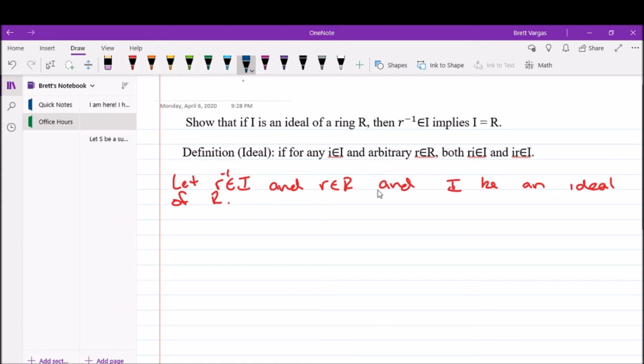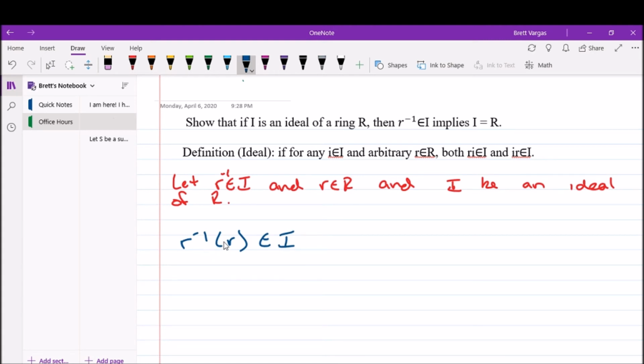So now, the definition of an ideal is that if I take any element in I and any element in R, when I multiply them, they're going to be within I. So I'm going to take R inverse times R. Well, that's going to be in I. That's pretty basic.